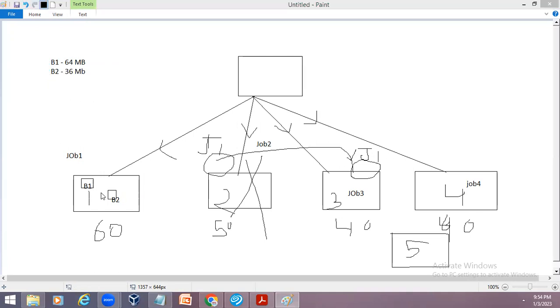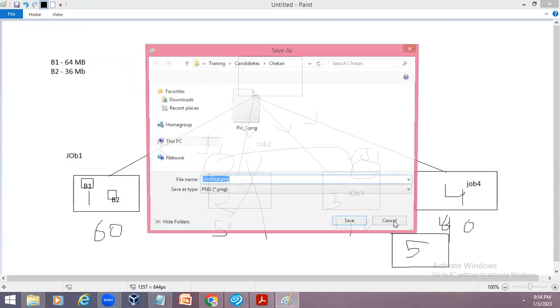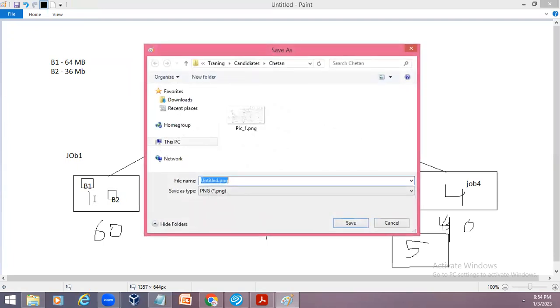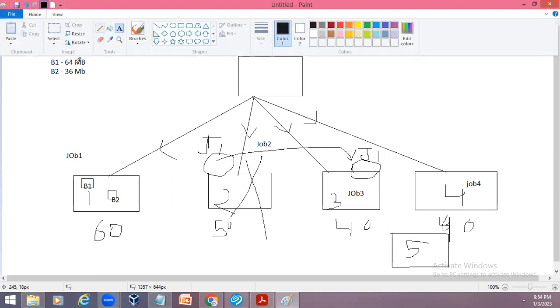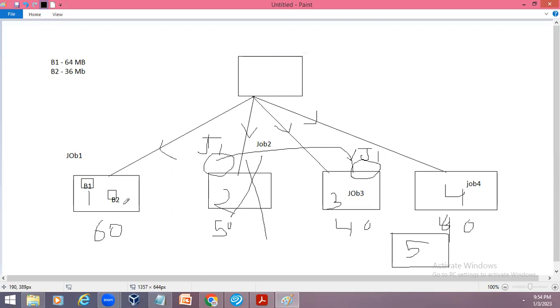So that's how I'm going to have two blocks for 100 MB of files. Clear on this?